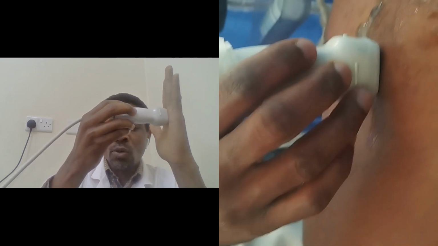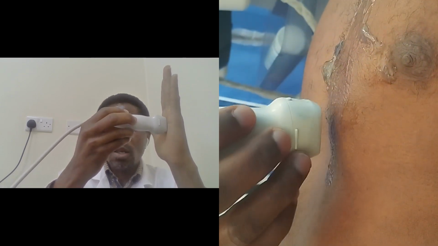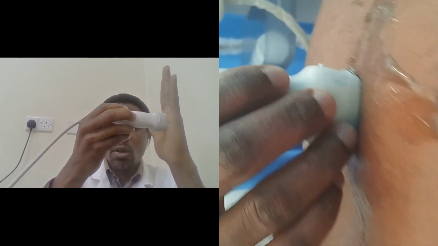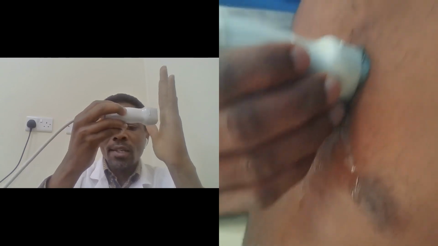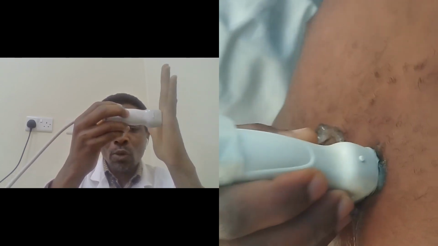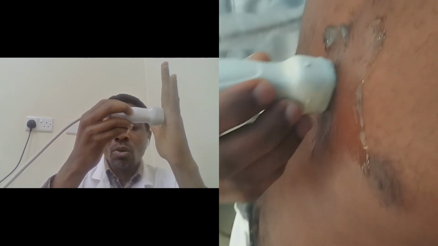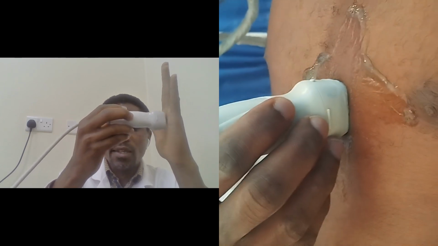Okay, so we are moving the entire transducer in a specific direction. So this helps us to find the best echo window. So if you want to find the best echo window, try to slide the transducer.